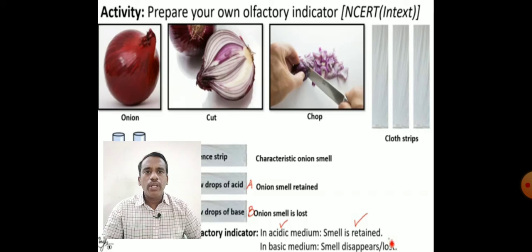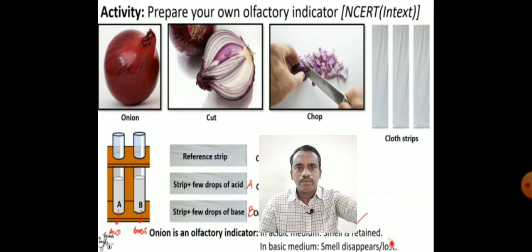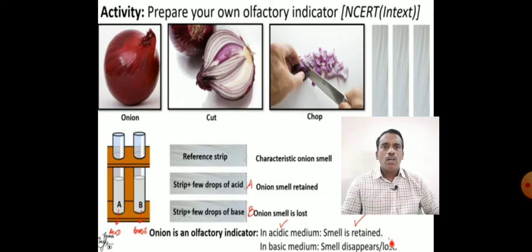And now we have the 3 cloths. One cloth piece we are calling a reference strip. It means we know what the smell of the onion is. So in order to keep it the same, we have taken one cloth piece as the reference strip.